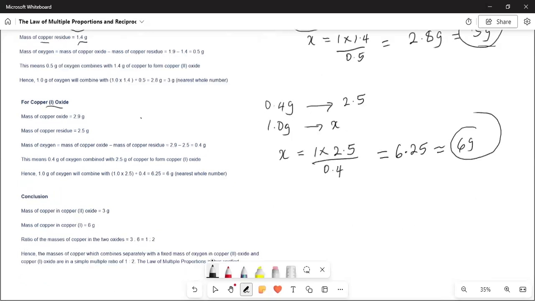Our analysis shows that 0.4 gram of oxygen combined with 2.5 gram of copper, and 1 gram of oxygen will combine with, by calculation, 6 grams. That means the ratio of copper in copper 2 oxide and copper 1 oxide is 3 to 6, which is 1 to 2. And then the law of multiple proportions is verified. Since the masses of copper which combine separately with a fixed mass of oxygen in copper 2 oxide and copper 1 oxide are in a simple multiple ratio of 1 to 2, the law of multiple proportions is verified.